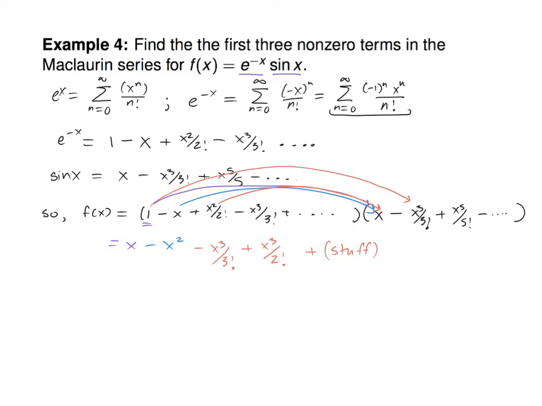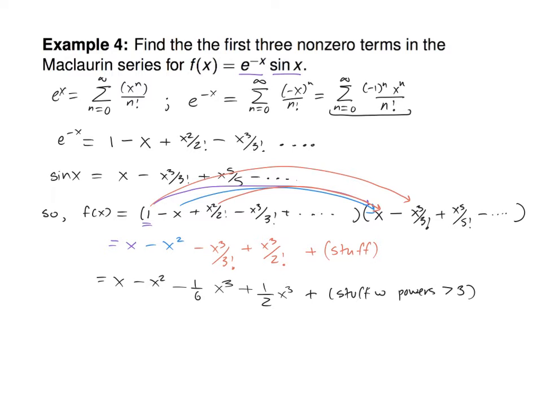So this is x minus x squared. I think this is 1/6. Oh, I'm sorry, typo there. That should be minus 1/6 x cubed plus a half x cubed. And the important thing about this stuff with powers bigger than 3, right?